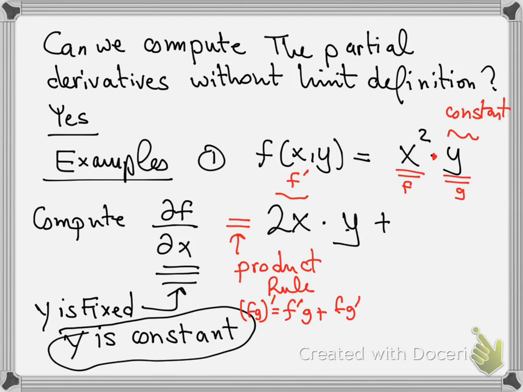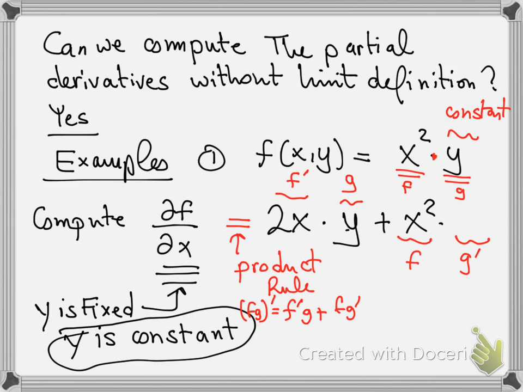Plus, f times g prime. f is x squared, that's my f, times g prime. g is y, but y is a constant, because this is the derivative of f with respect to x. So y is fixed.